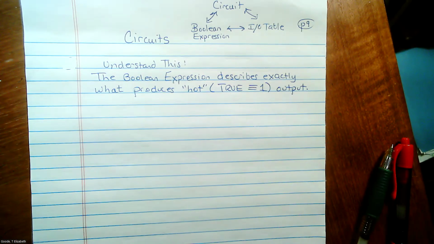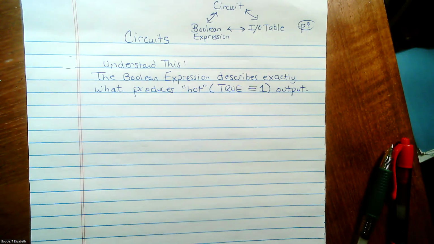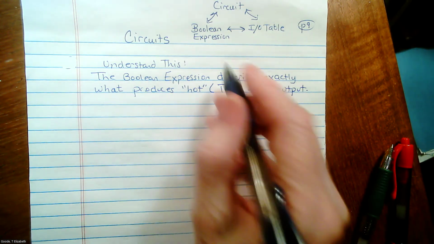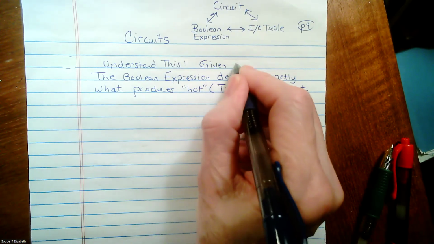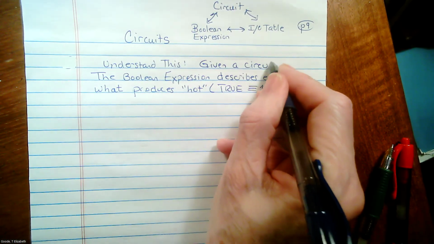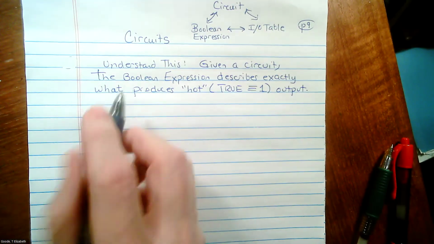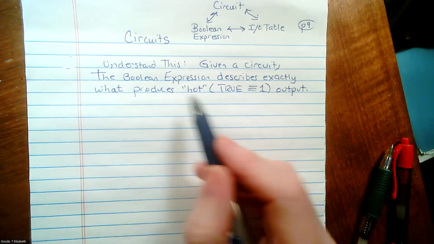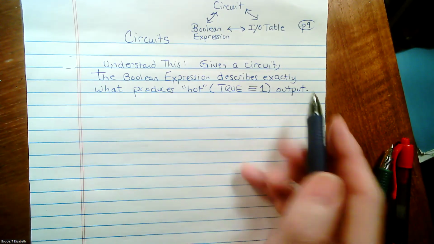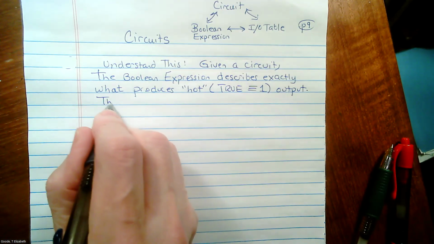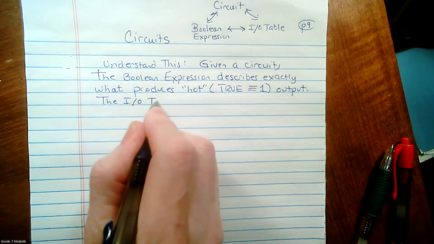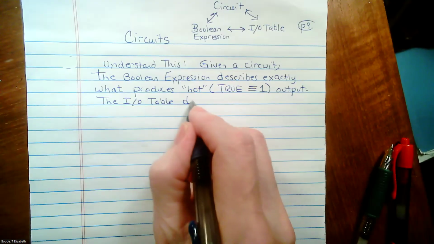That's the job of the Boolean expression. So given a circuit, the Boolean expression describes exactly what produces hot output. The IO table does the same.